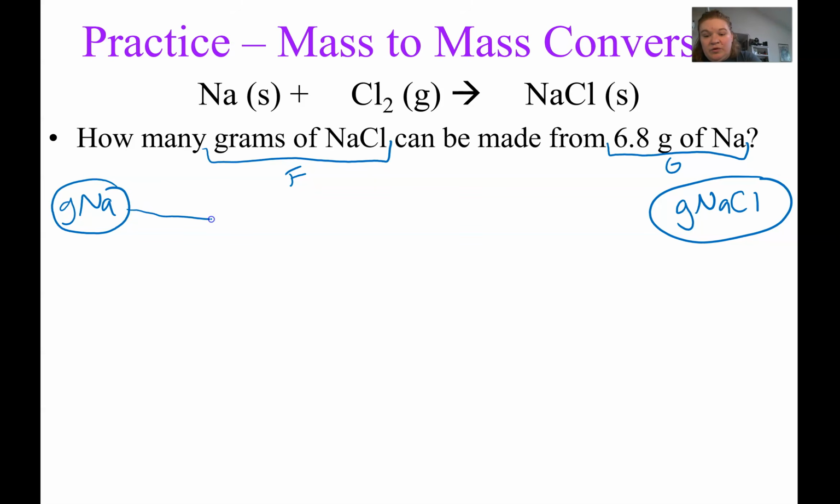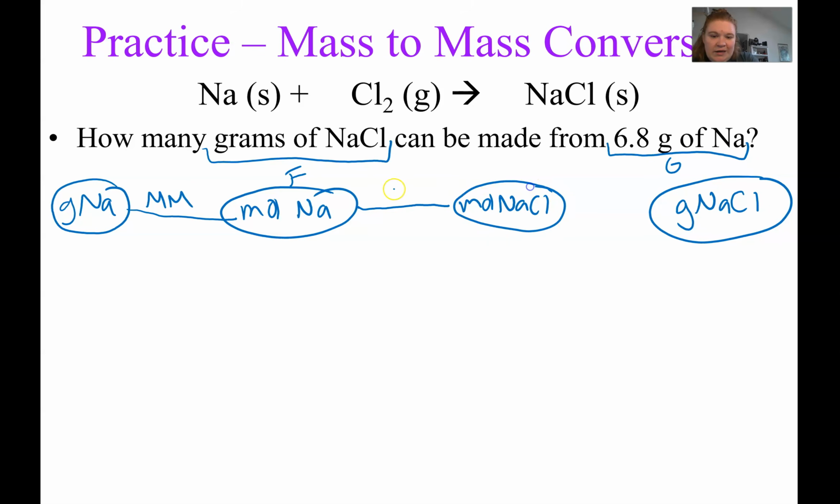So I need to go from grams to moles, and I'm going to use the molar mass to make that conversion. And then I can go from moles of sodium to moles of sodium chloride, and I can use our ratio to do that conversion, and then I can go from moles to grams using a molar mass.